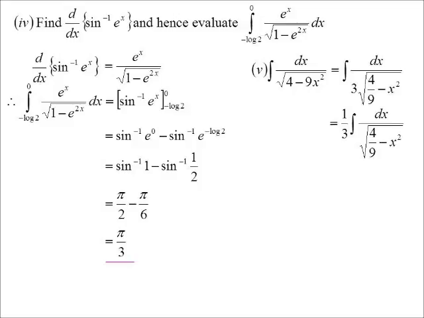So I could change that integral to be 1/3 dx on the square root of 4/9 minus x squared. So a squared is 4/9, which means a is 2/3, but remember it's x on a, so x on 2/3 is the same as 3x on 2. So put that all together, 1/3 inverse sine 3x on 2, plus, of course, a constant.